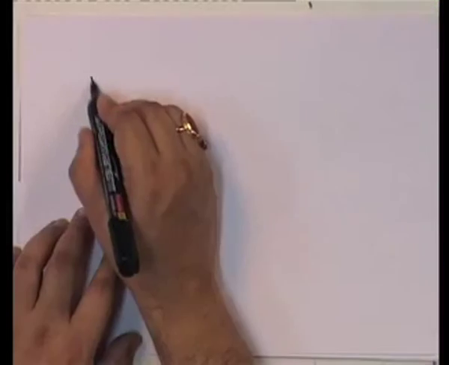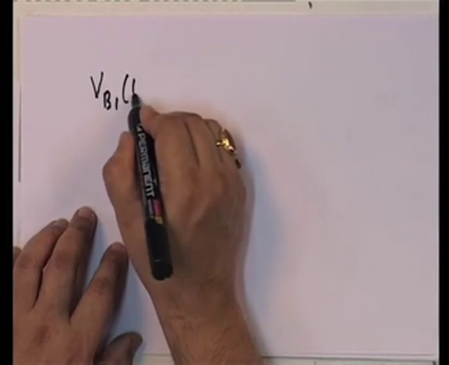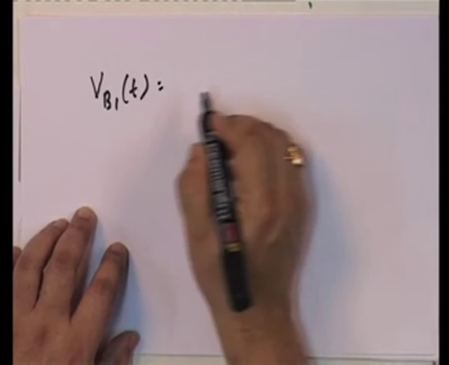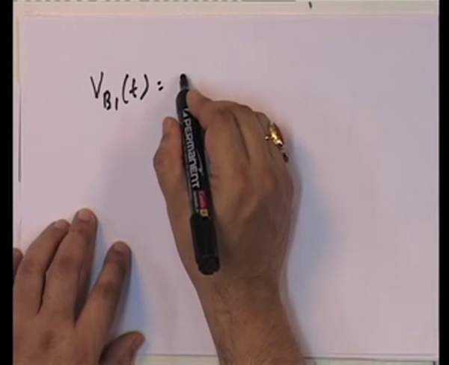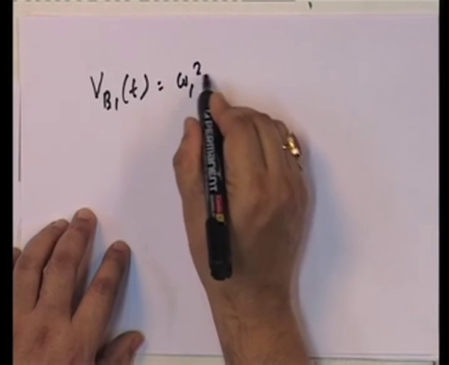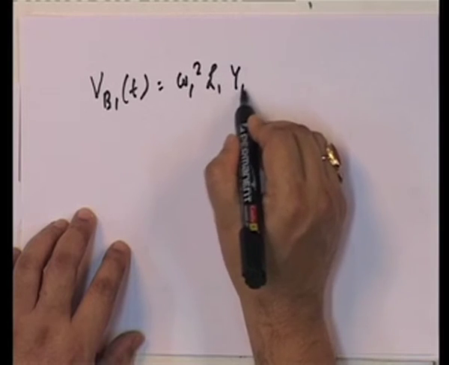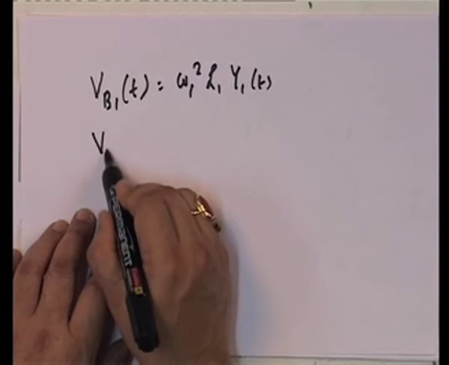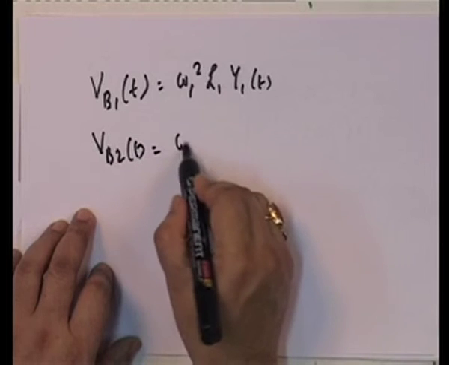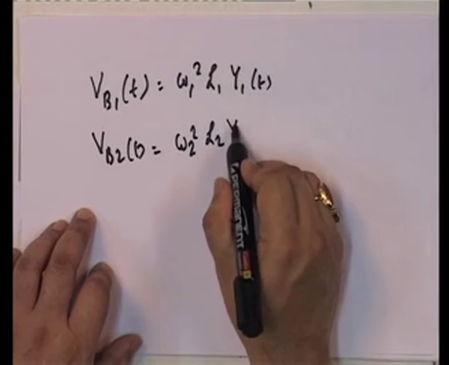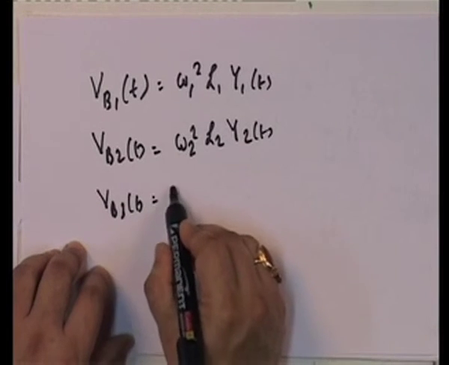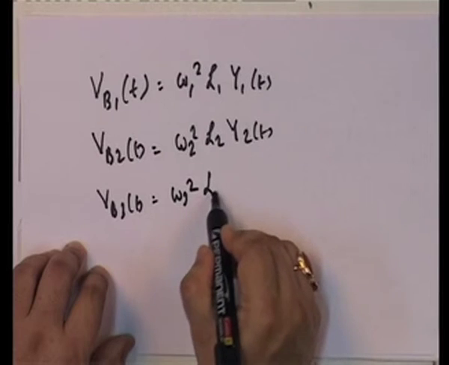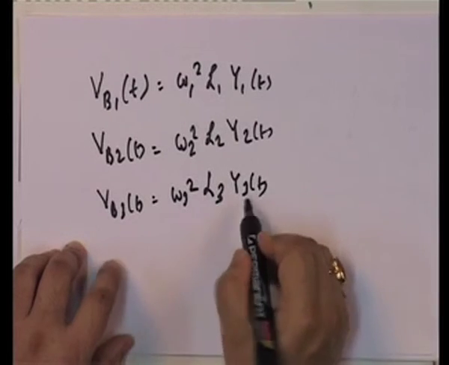We are going to get V b 1 of t equal to omega 1 squared L 1 into y 1 of t, V b 2 equal to omega 2 squared L 2 y 2 of t, and V b 3 equal to omega 3 squared L 3 y 3 of t.